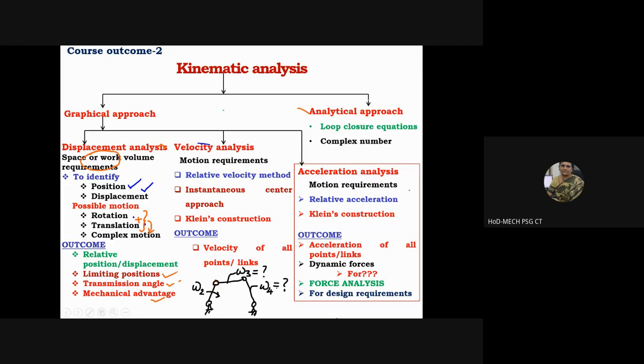Okay. After you complete a velocity analysis, you will have the angular velocities of all links which undergo pure rotation or combination motion or complex motion.